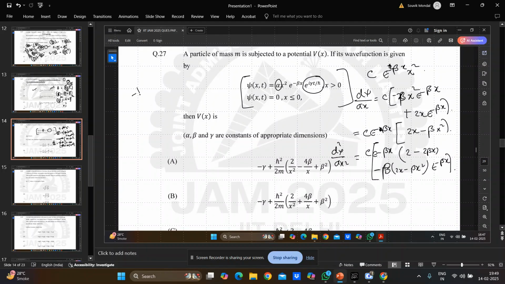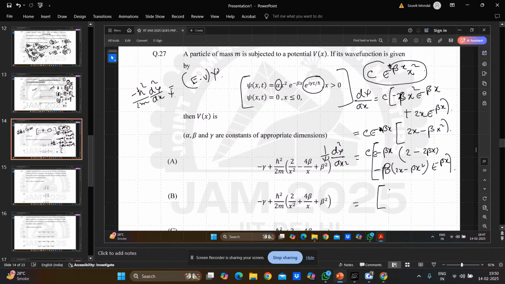Now remember the form. It is d2 phi dx2 is equal to e minus v into phi. So you have to solve for v. You have to divide phi on both sides. If you divide by phi, 1 by phi d2 phi dx2, c will cancel, e to the power minus beta x will be cancelled.